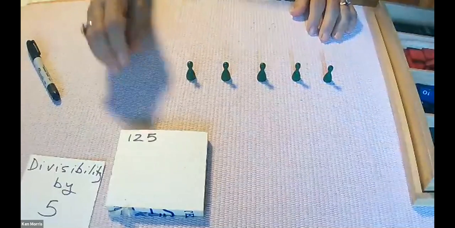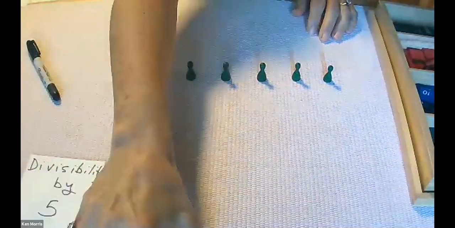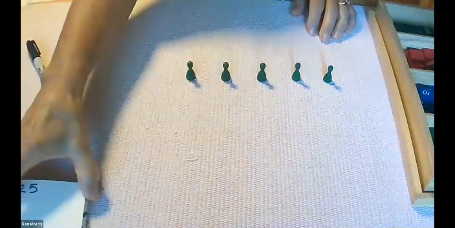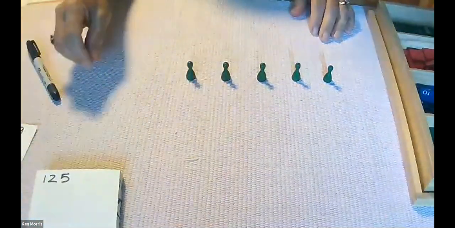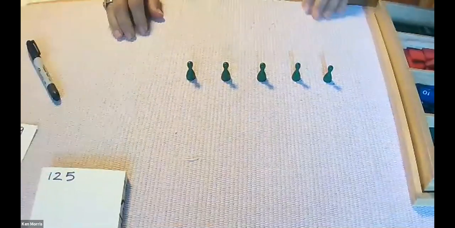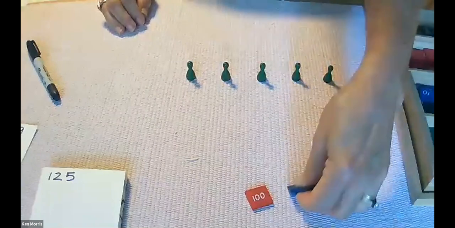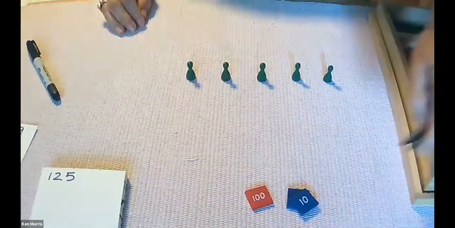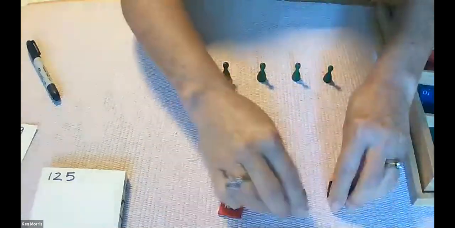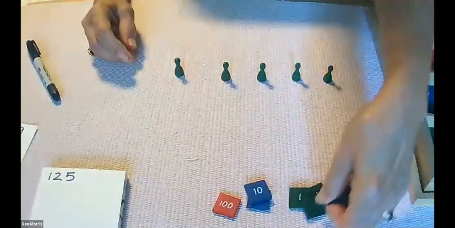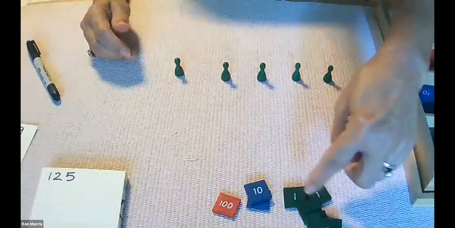Okay, there's my 5 Skittles. And now I am going to get 125 as my dividend. 100. 1, 2, 3, 4, 5.